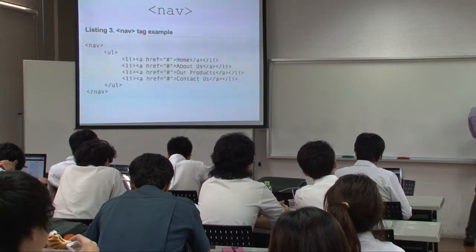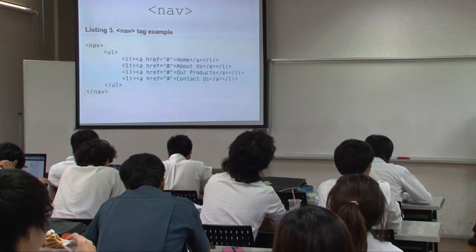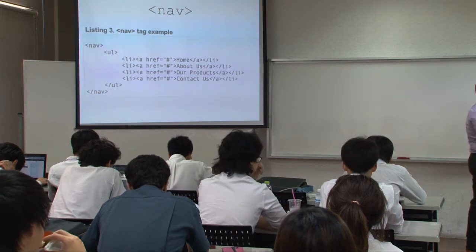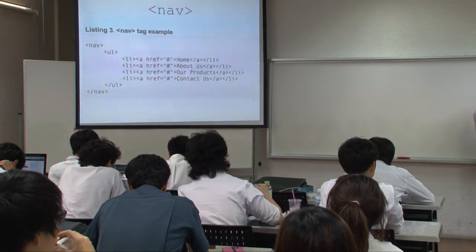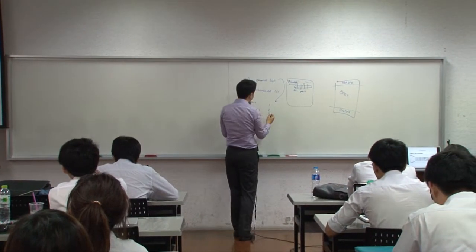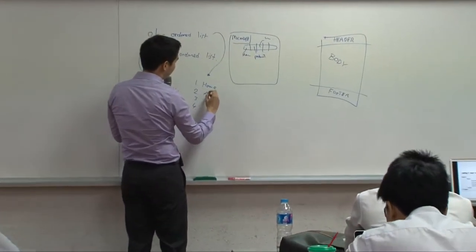And for OL, by default, the browser will render it with numbers, right? This is why it's called ordered. So had we changed that UL to be OL, then we would have something like this: home, about us.